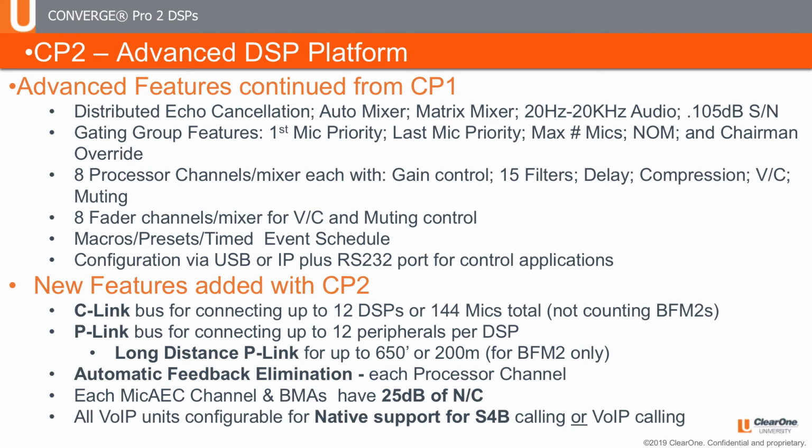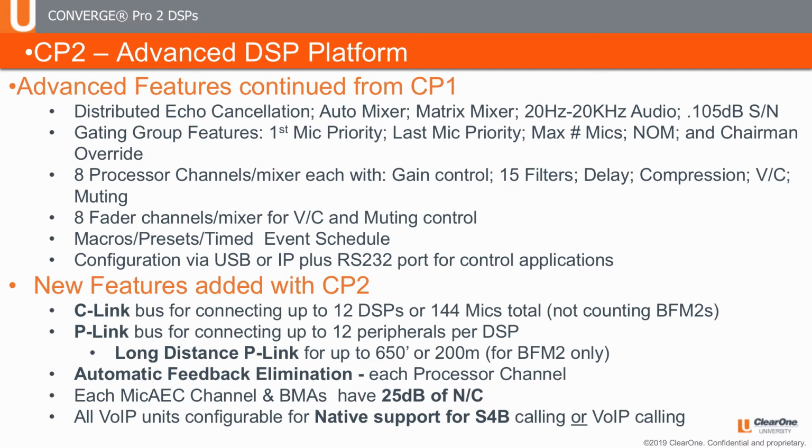ClearOne didn't just start making innovative DSPs for conferencing applications with Converge Pro 2. We started back in the 1990s with the first algorithm for acoustic echo cancellation. Many of the features we developed along the way have found their place in CP2 as well.